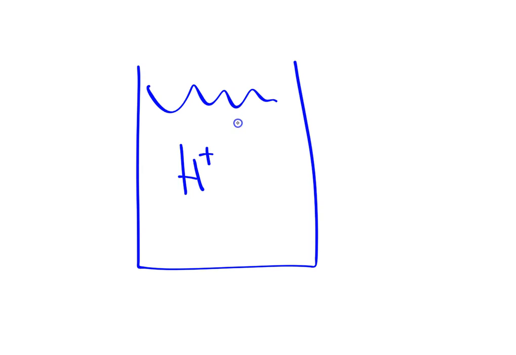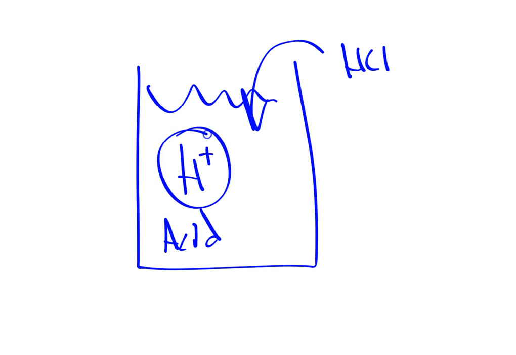So it would make sense that if I put HCl into something, it becomes acidic because I'm increasing the amount of H plus. So anytime we have the word acid, I don't need to say anything about H because I know it has H. And chemists don't like to repeat themselves.